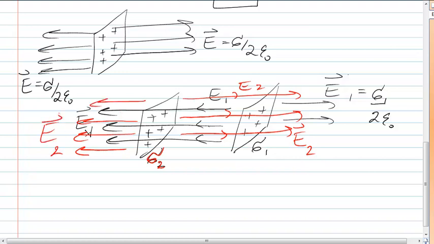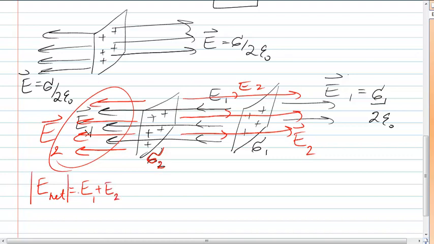Now, if you want the net field in these three regions, left of both plates, between the plates, and right of both plates, you simply add these up. Here, the net field, E net, would be E1 plus E2. These would be magnitudes, because they point in the same direction.